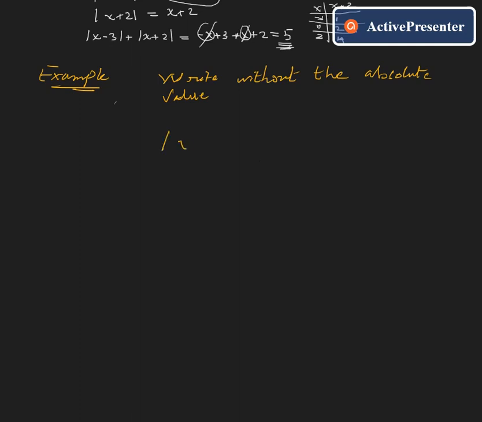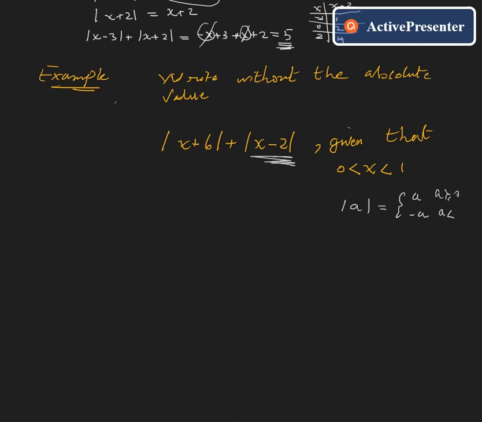Suppose that I change the question the same as before: the absolute value of x plus 6 plus the absolute value of x minus 2, given that x is greater than 0 and less than 1. The same question, however, we have here x minus 2. So we know that the absolute value of a is a if a is greater than 0, and negative a if a is less than 0.